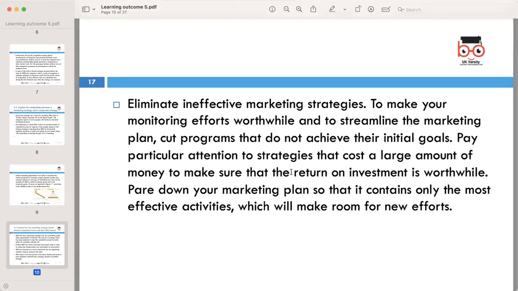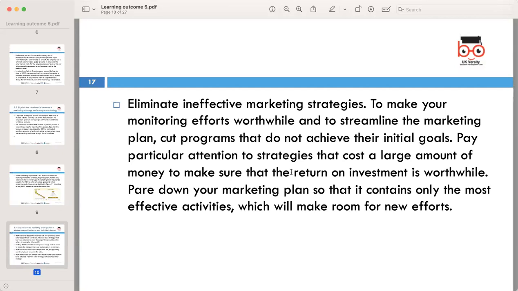So here is eliminate ineffective marketing strategies. Eliminate ineffective marketing strategies to make your monitoring efforts worthwhile and streamline your marketing plan.